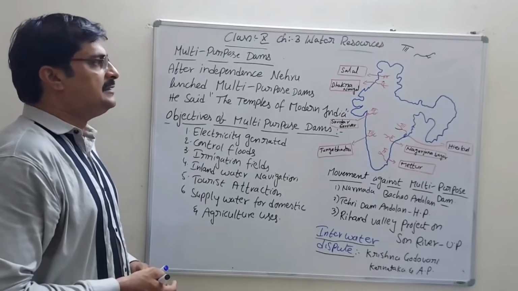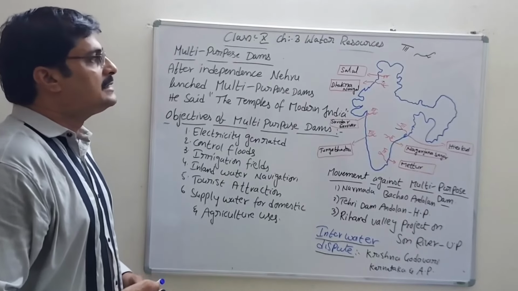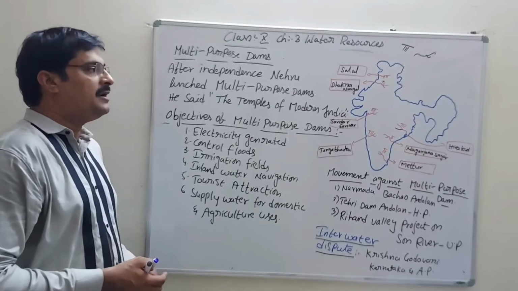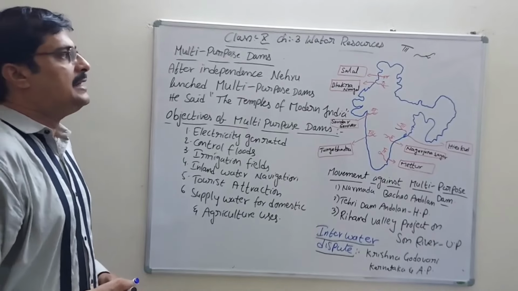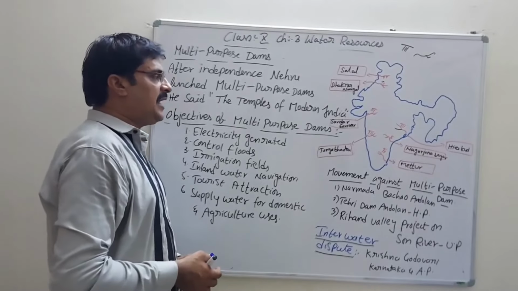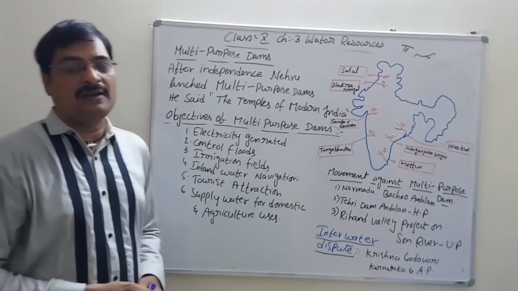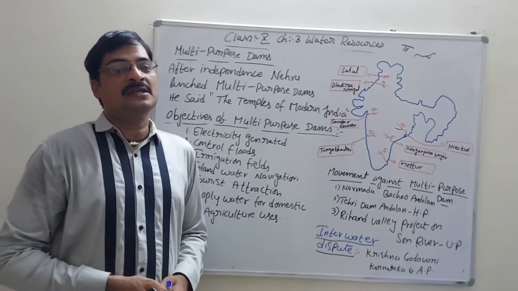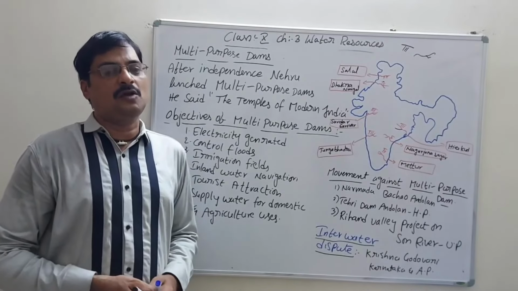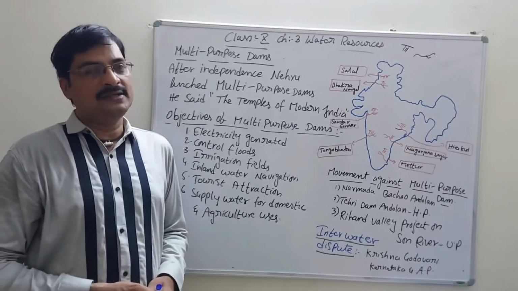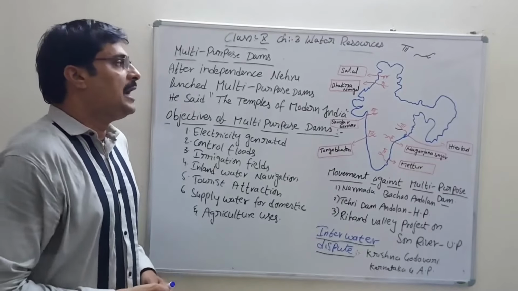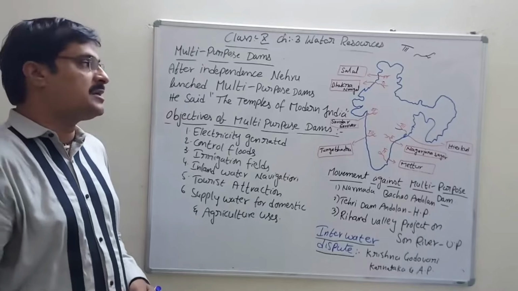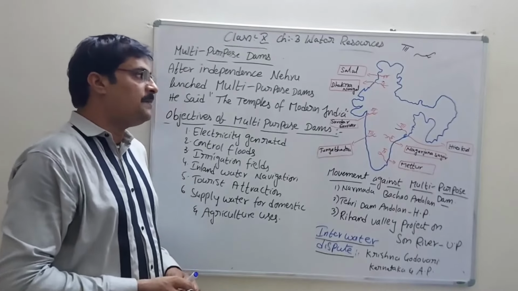According to this, we have the Salal Dam on the Chenab river. And one more is the Bhakra Nangal project, on the Satluj river. The Satluj river is one of the tributaries of the Ganga and Indus. So the Bhakra Nangal project dam is constructed on the Satluj river.